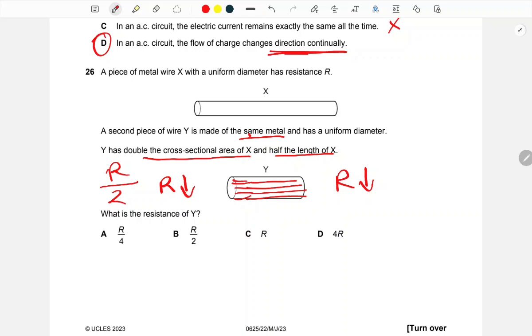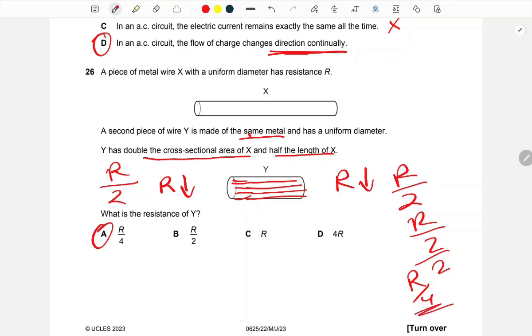And the resistance becomes divided by 2 again because it's half the length of X. So if the resistance is divided by 2 and then divided by 2 again, that would be divided by 4. So the answer is going to be A.